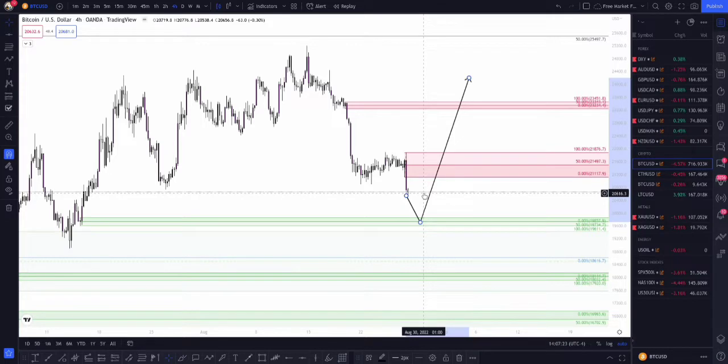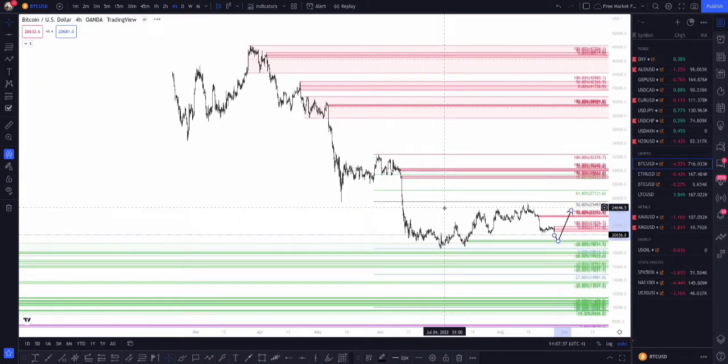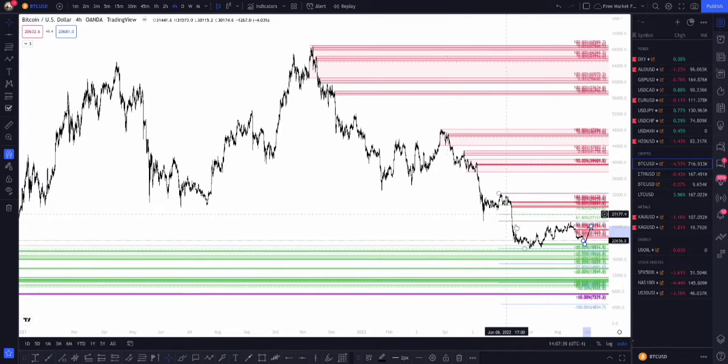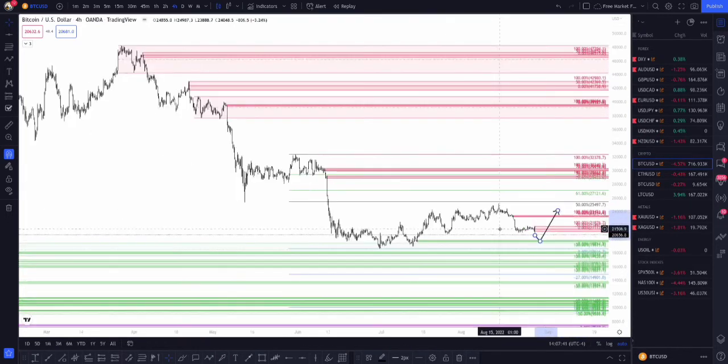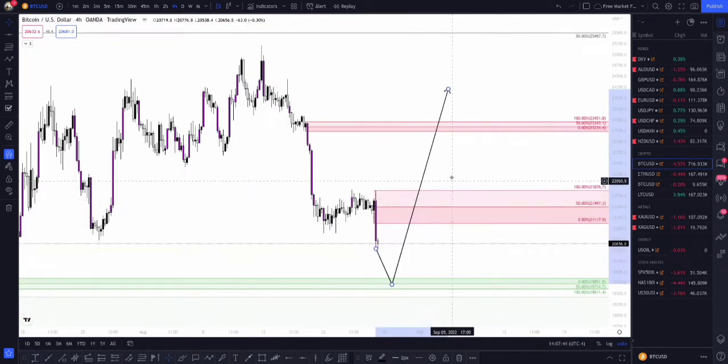So on the onset, I'm looking for unmitigated demand to be respected and to take long positions from there, making sure I'm using proper account risk management, because again, I do think Bitcoin would get down to at least 12,000, or somewhere around 12,000.